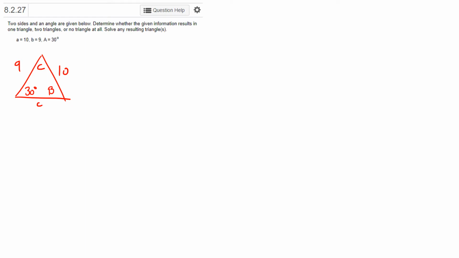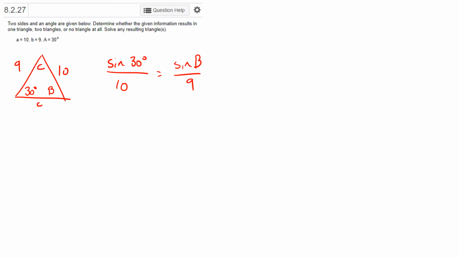So if I'm going to use the law of sines, there's really only one pairing that will only involve one unknown. Since I don't know the angle C and I also don't know the side length C, we're going to leave that alone for the time being. But the sine of 30 degrees over 10 must be equal to the sine of B over 9.